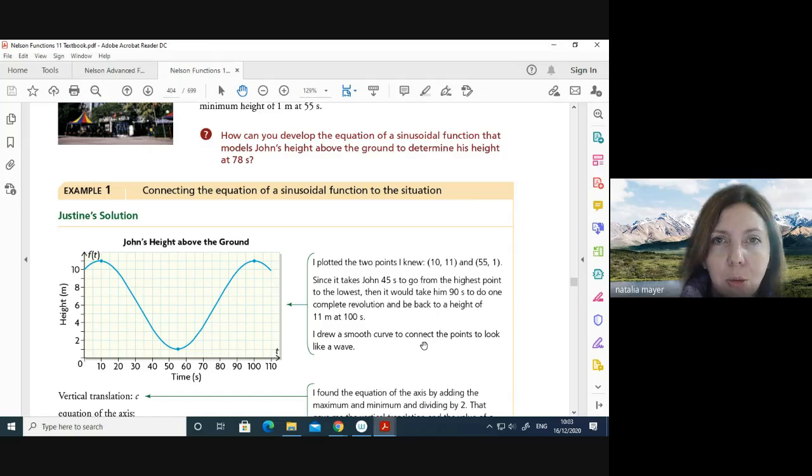By now we already know that 90 seconds is the period of the function, right? So if we know the period of the function, what value can we determine in terms of our equation A, K, D, and C?